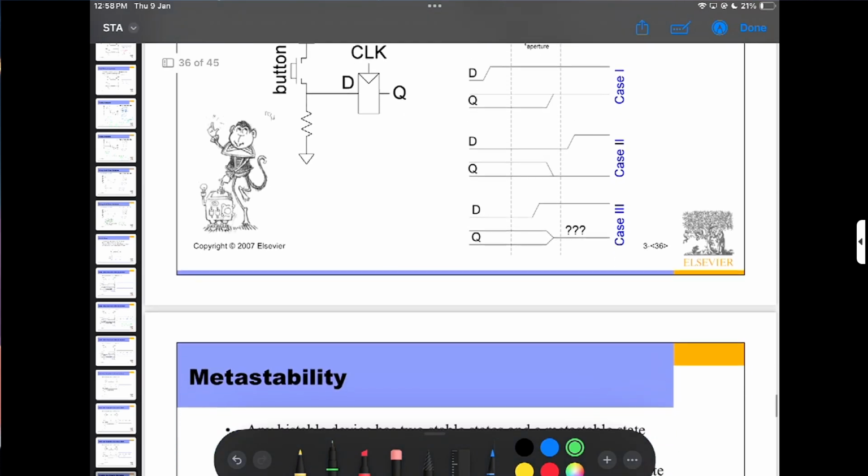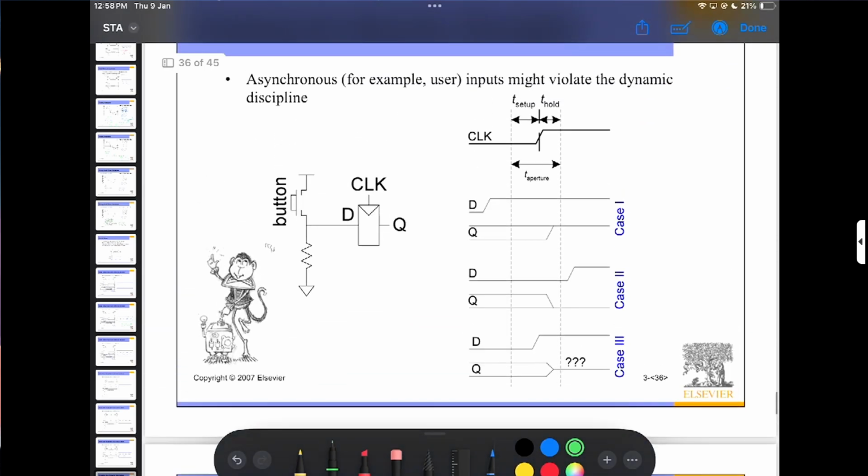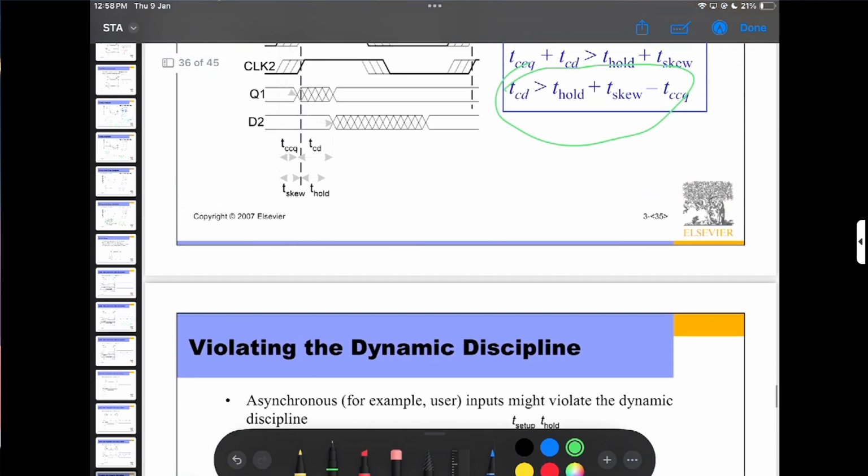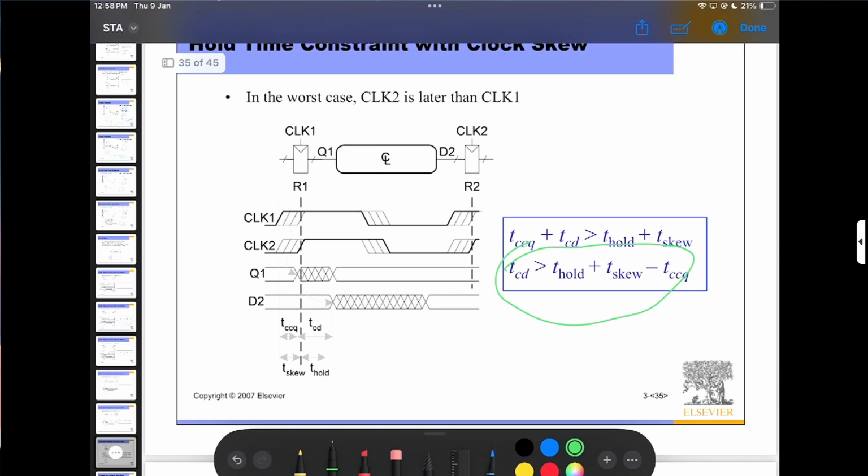So what is the hold time? Case 2, case 1. So T clock to Q delay minus T skew plus TCCQ.